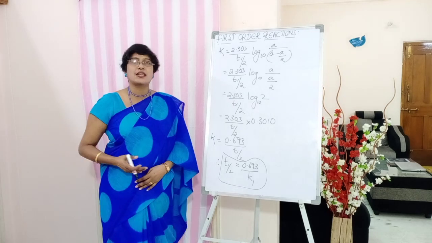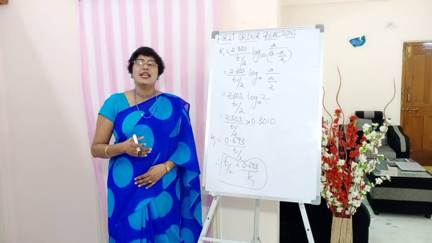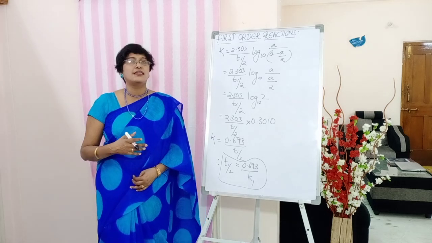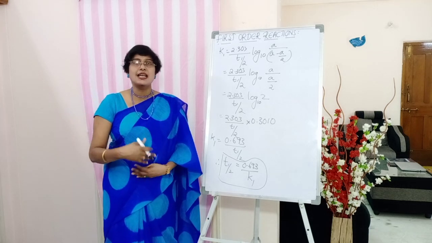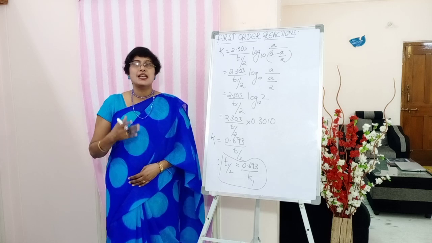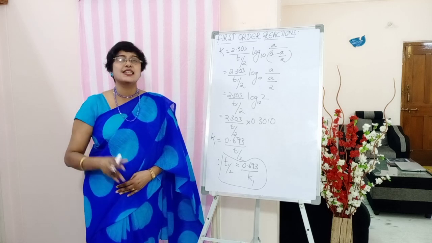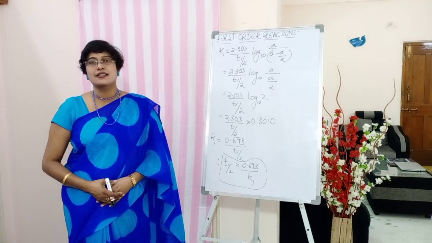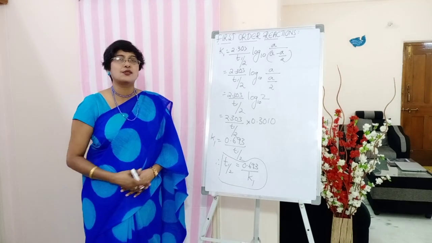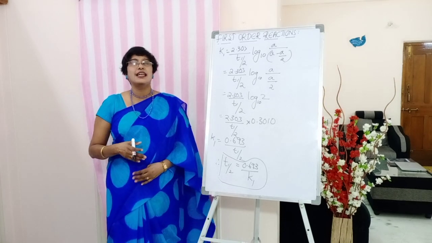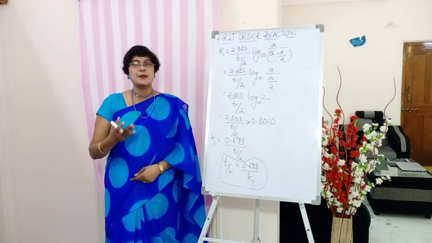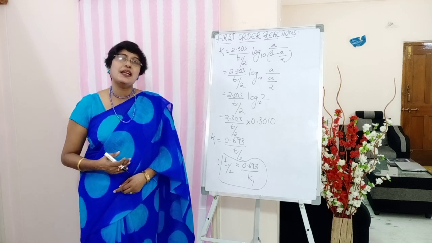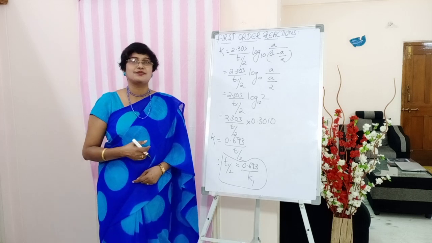Then you are supposed to write the third point, and at the end you have to write the examples. If I am correcting your papers and there are no examples, I will simply cut half a mark from your answer. So draw a line till here, students. This is the entire answer for the expression for the rate constant of a first order reaction.